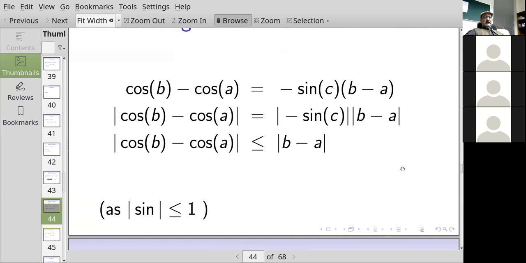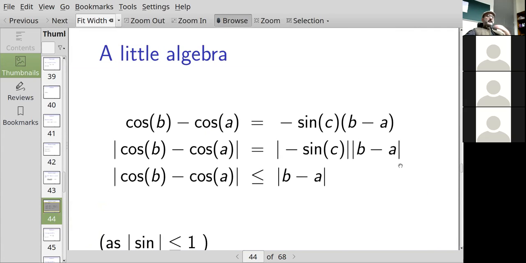Sir, I did not understand this part. Okay. Supposing that I've got something like the absolute value of x times y, right? And I know that the values of the absolute value of x go between 0 and 1. So the absolute value of x is less than or equal to 1, right?